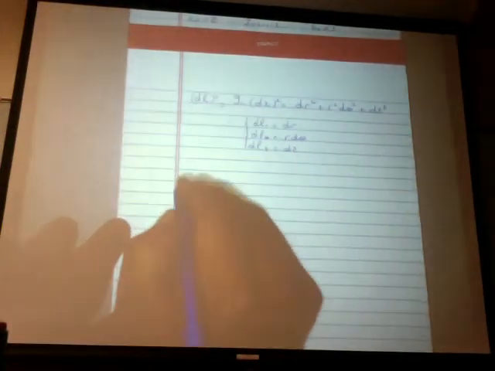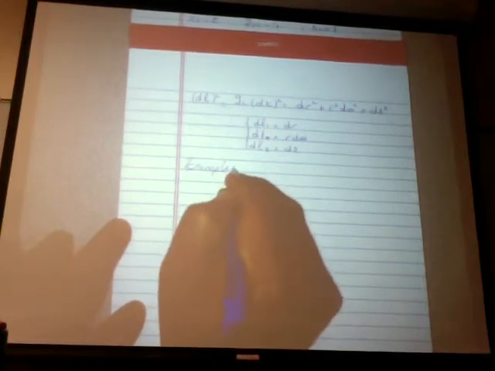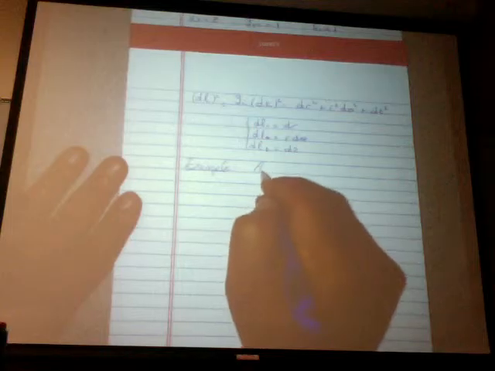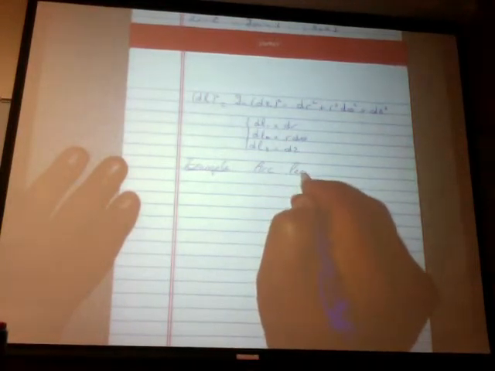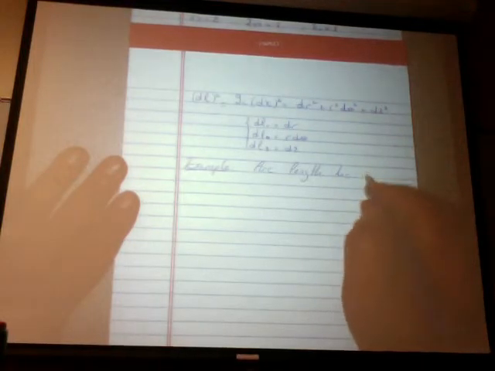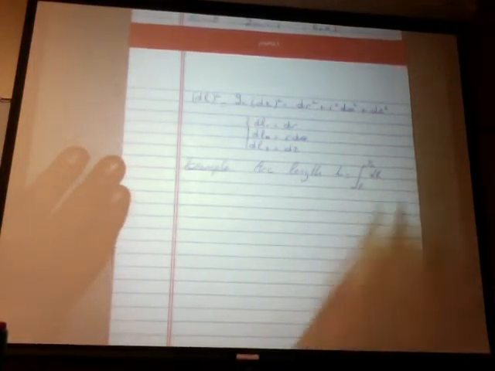So for example, how do we implement this in an actual application? If we calculate the arc length, L is the integral from P1 to P2 of dl. Let's say we want to calculate the length of a chord in space.